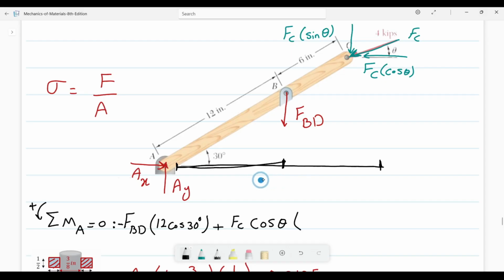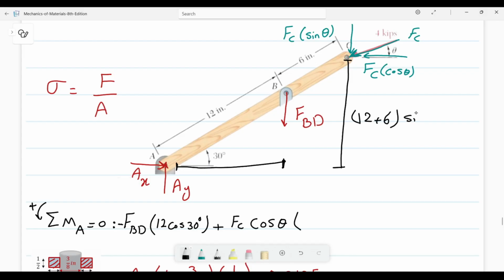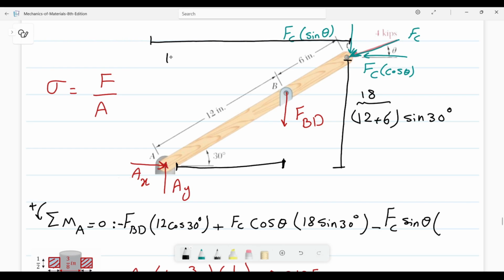No, sorry, it's this value: 12 plus 6 sine 30 degree, it's 18 sine 30 degree, and minus FC sine theta multiplied by this value, it's equal to 12 plus 6 cosine 30 degree, that's 18 cosine 30 degree.